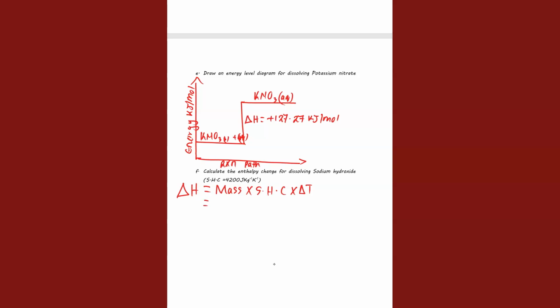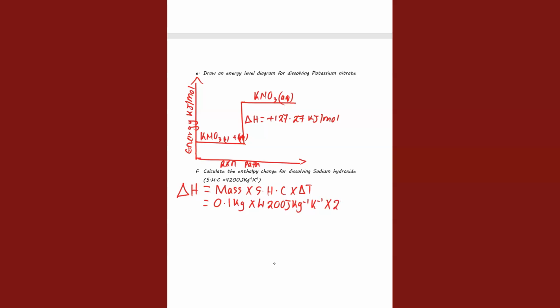So the mass, we are still going to use the mass of solution. That is the mass of 100 centimeters cubed of water, which was 0.1 kilograms, multiplied by the specific heat capacity, which is 4,200 joules per kg per Kelvin, then multiplied by our change in temperature for dissolving sodium hydroxide.